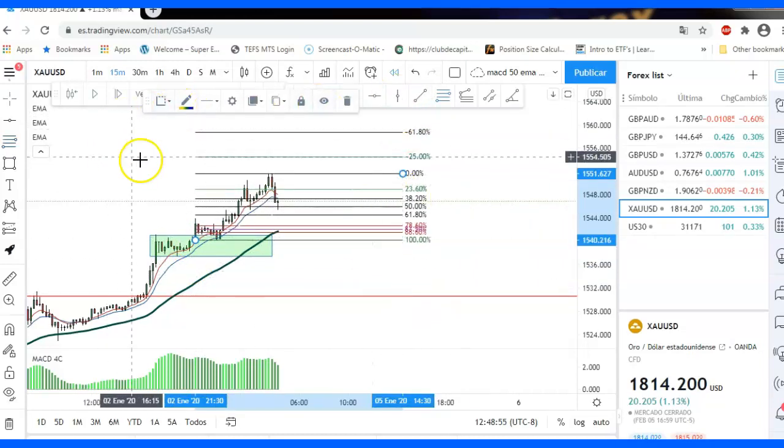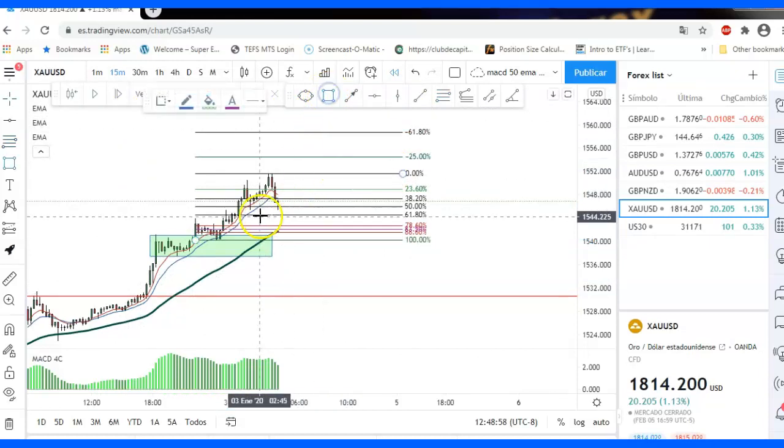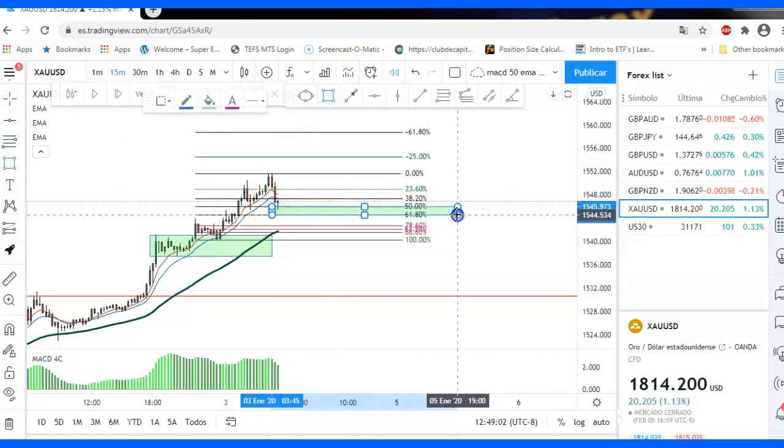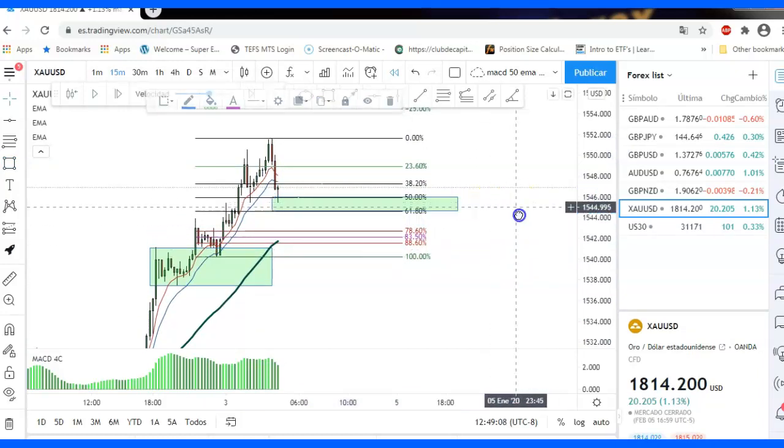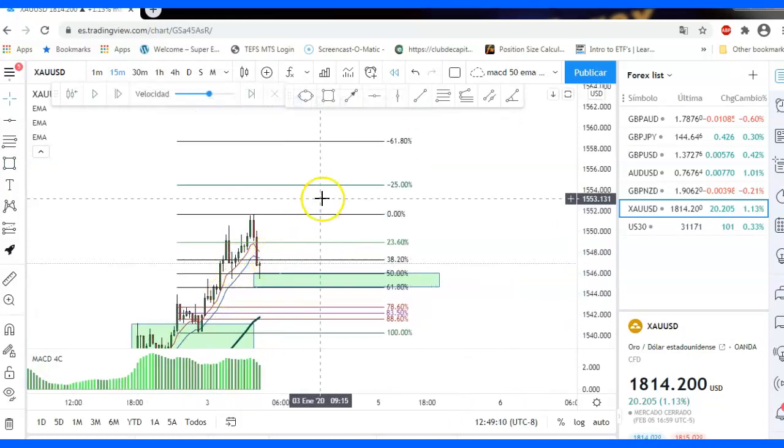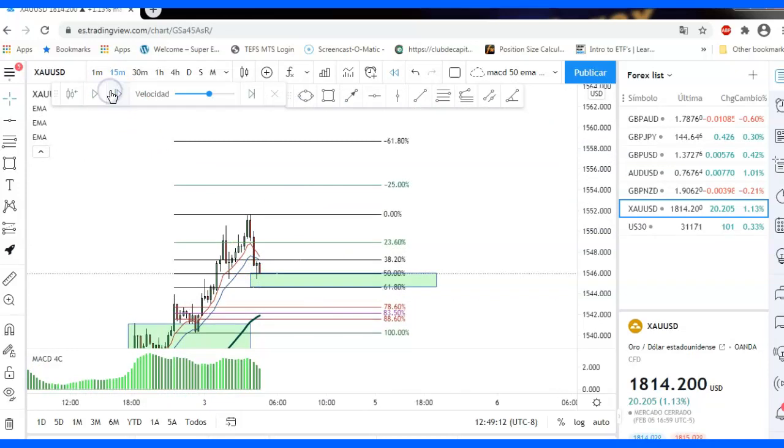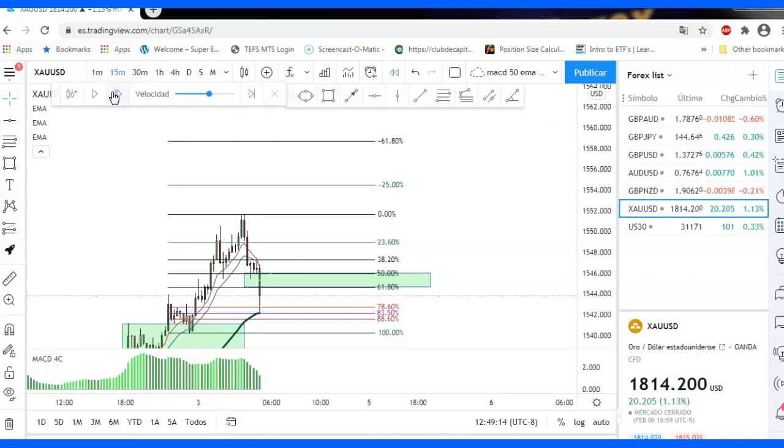So the market, it's already in the area. But remember our rules. I need to have a red crossing the blue in our way up. Until then, I won't go into the markets.